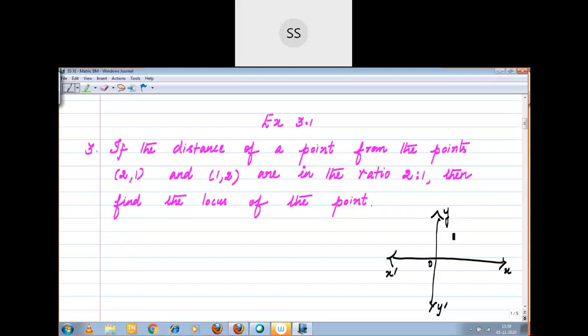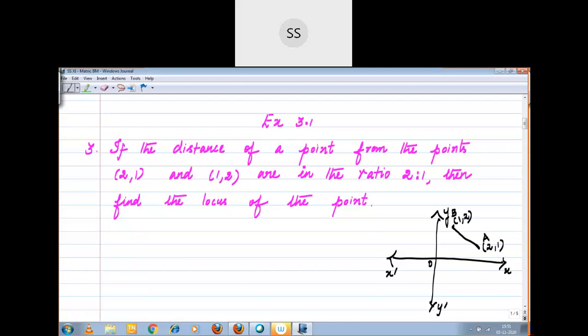Next is (1, 2). (2, 1) is your A. (1, 2) is your B.